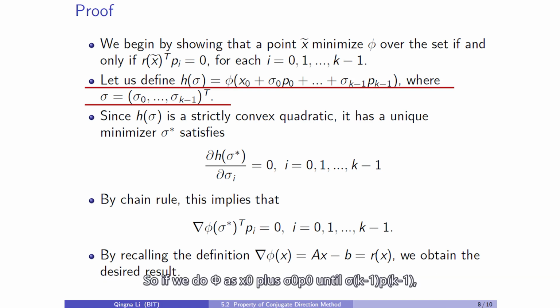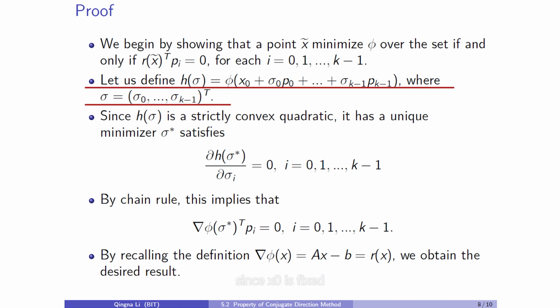So if we do phi as x0 plus sigma 0 p0 until sigma k minus 1 pk minus 1, then it actually means that the function of phi with respect to x theta, so x theta is defined from x0 plus the linear combination of the previous search directions, okay?